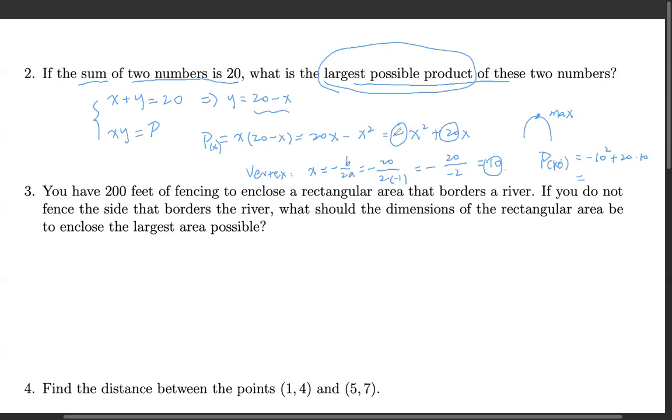Right? The square has nothing to do with this negative. Get -100 plus 20 times 10, that's 200. Well, -100 plus 200, that's 100. So the largest possible product of those two numbers is 100. Right? So the x value is 10, the y value is 10.